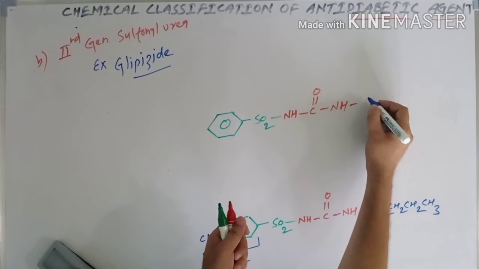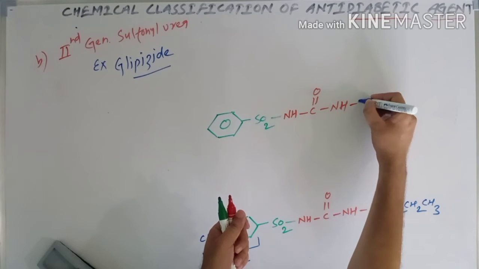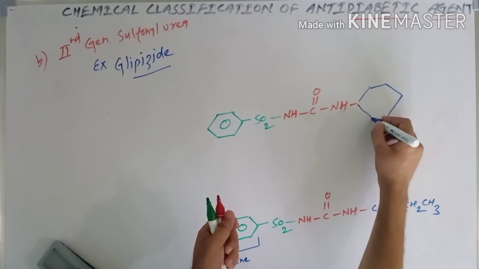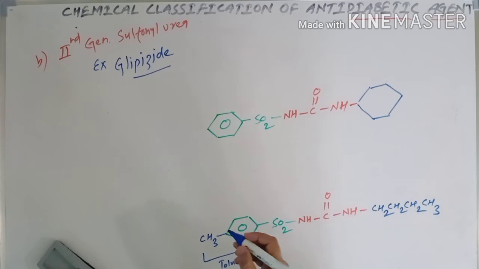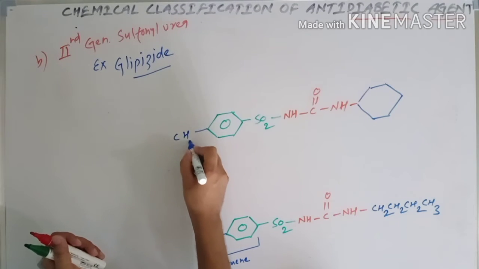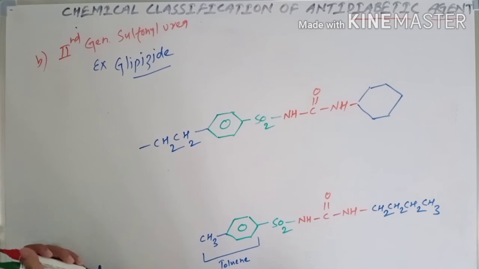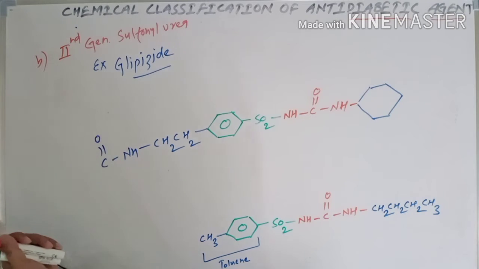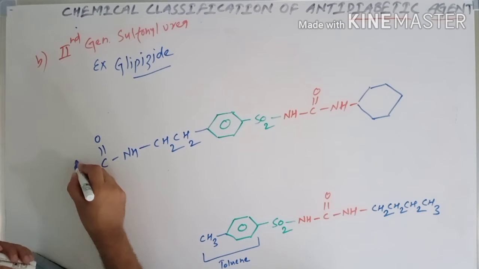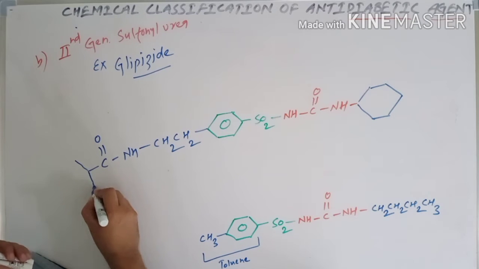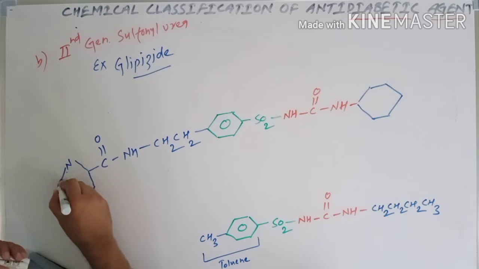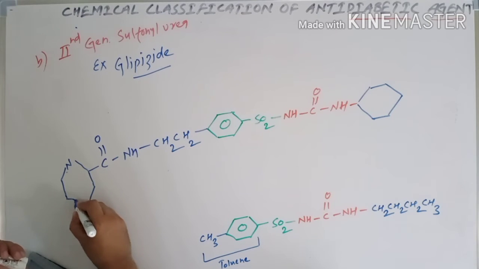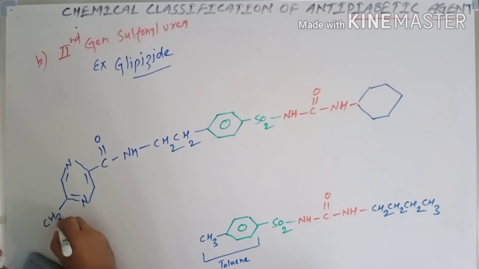On this side, directly attached is a cyclohexyl group, and on the other side here CH2 and then NH, C double bond O, and then a pyrazine nucleus, and on this pyrazine there is a methyl group. So this is the structure of your glipizide.